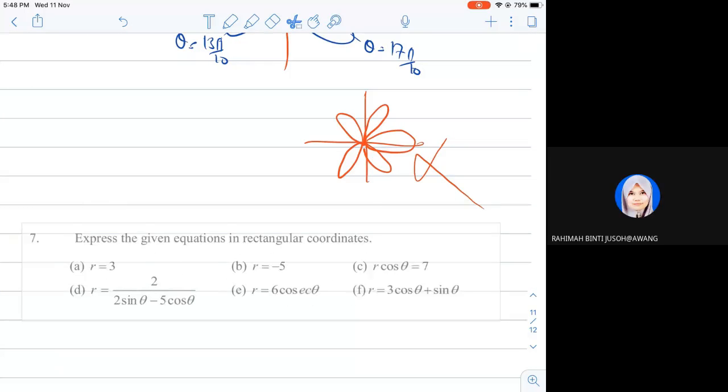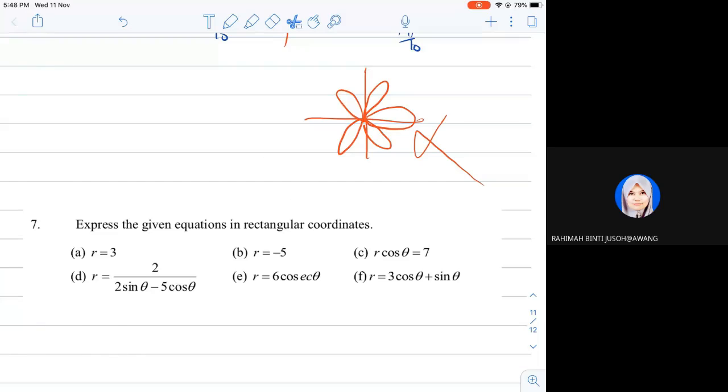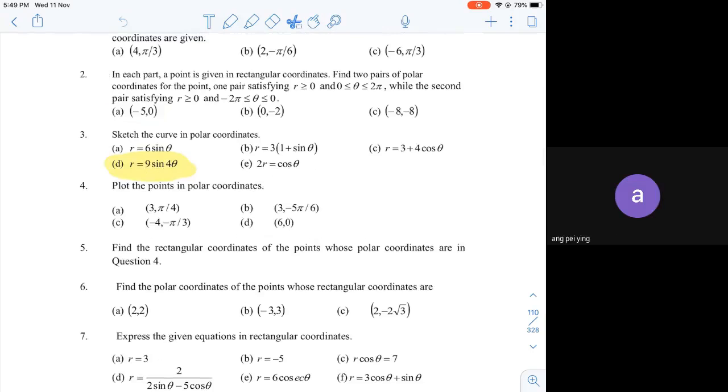Doctor, can you show the question from just now, question E? Which question? 3E. I mean, no need to draw, just show. Oh, this one. Doesn't matter, guys. 2R equals cos theta. So R equals 1/2 cos theta.